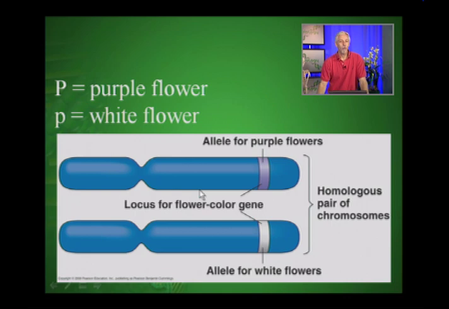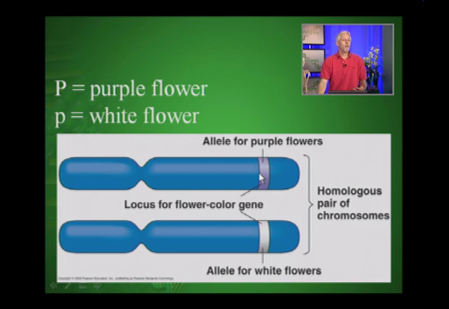These are P chromosomes. If we were to look at a homologous pair of chromosomes, because again, there are two sets of chromosomes that are inherited, so for each chromosome type, there are two of each type, one coming from the male, one coming from the female. So if we were to look at these homologous chromosomes, then at a particular place, we could identify a particular gene. In this case, there's a gene for flower color.